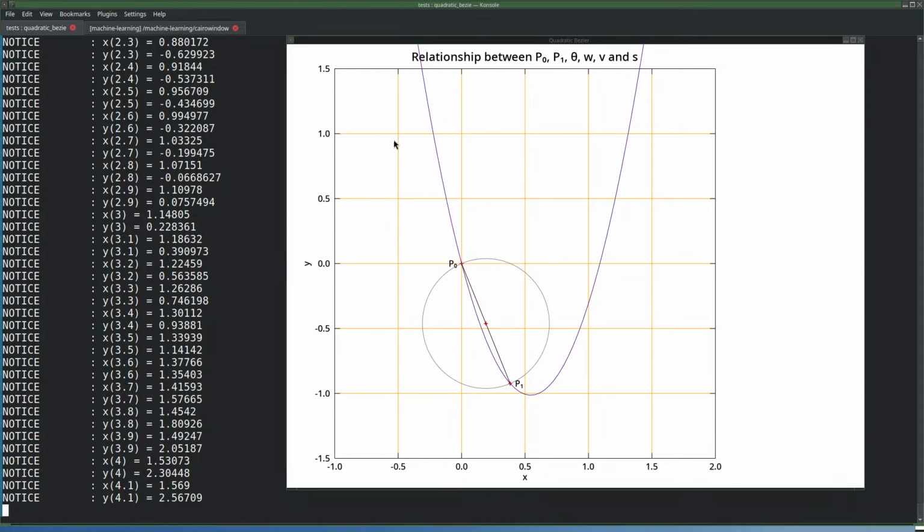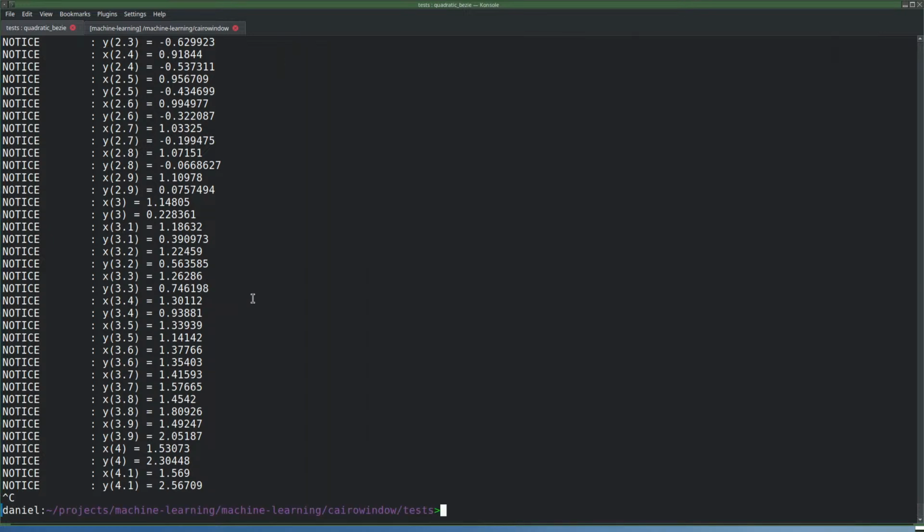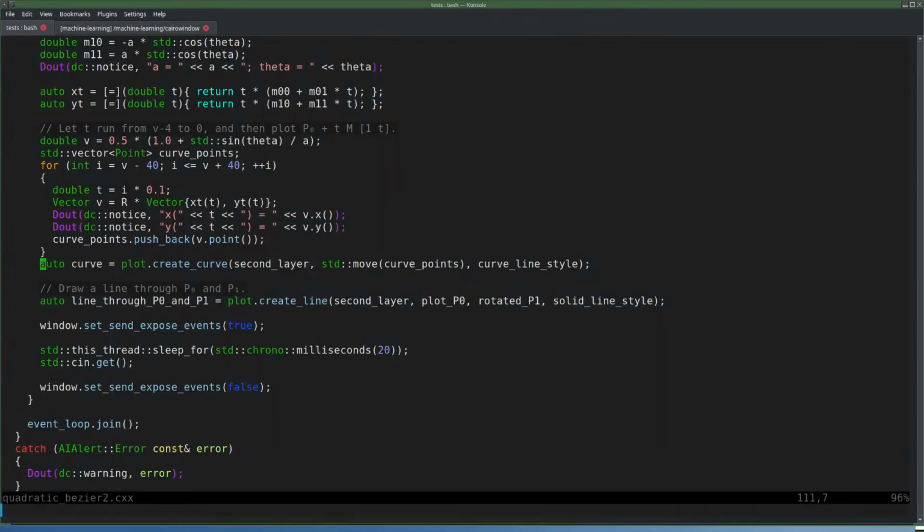If the other point was just a fixed point, that would be easy. But no, it's fixed relative to P0 and P1. So we have another point, and that's rotating as well. Let's just start to work with this.